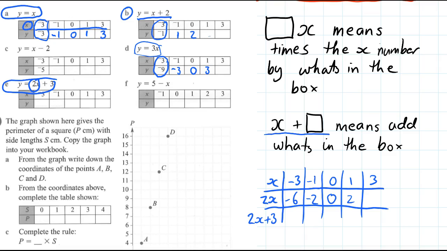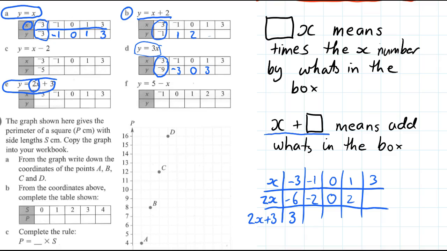Then I'll go through and add 3 to all these numbers. So minus 6 plus 3 makes it go up 3 from minus 6. So it goes minus 5, minus 4, minus 3. Again, adding 3 makes it go up 3 from minus 2.